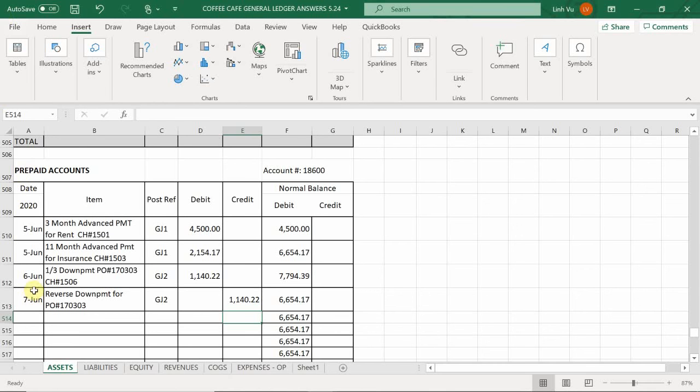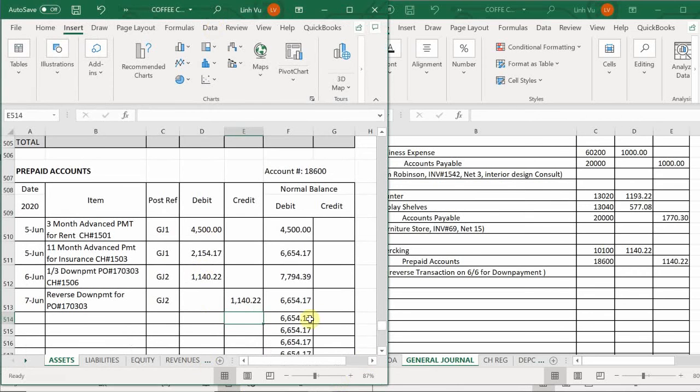Because I have the date, the item, and the post reference. I have everything there. Anybody else see something different? The date, item, post reference, everything's displayed. All I'm seeing, it starts at post reference. Then you have the debit, the credit, and the normal balance. Can you go over a little more? I don't know how. Is everyone else's screen seeing the same thing? That might be you, Kim.